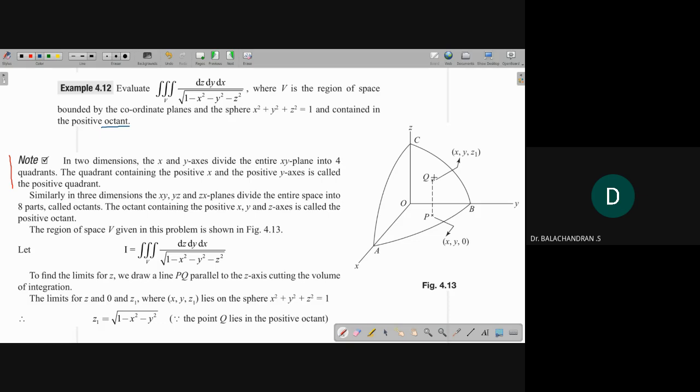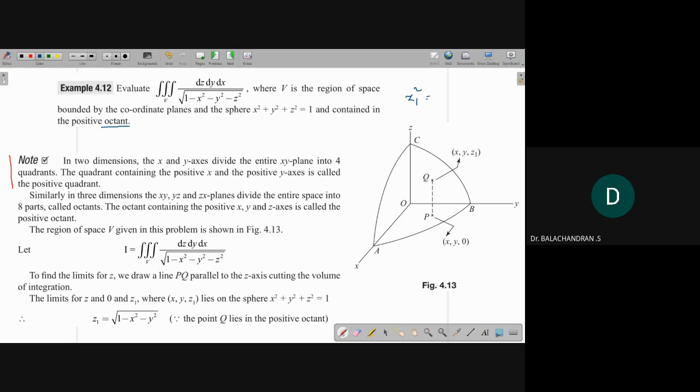So this point Q lies on the sphere x square plus y square plus z square equal to 1, and hence Q satisfies this equation. So x square plus y square plus z1 square equal to 1. From this, z1 square is what?